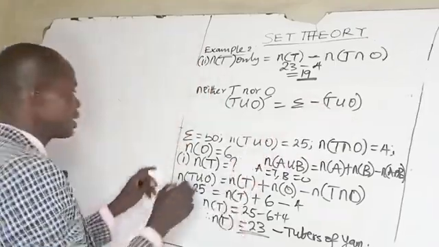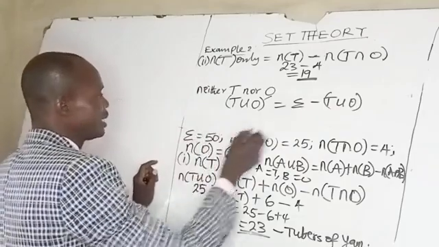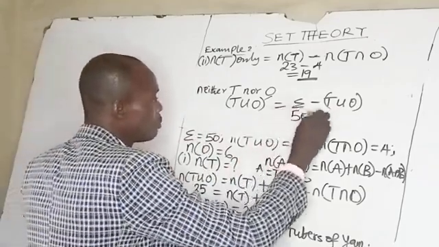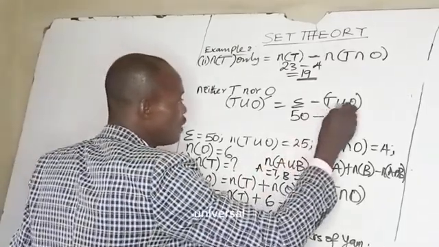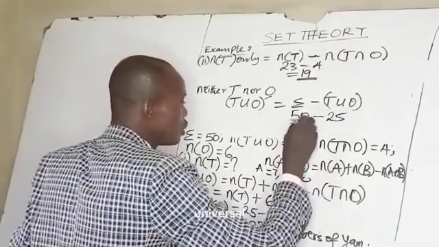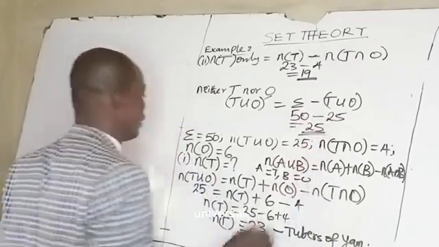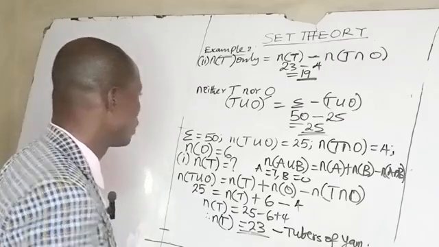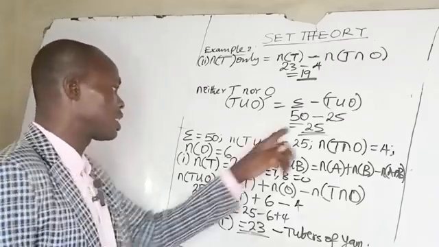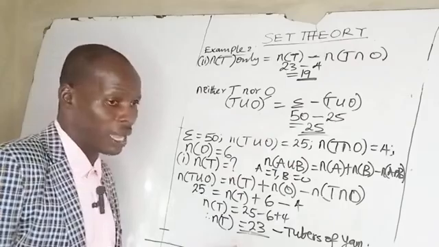So the universal set is 50 as given in the question, minus the union of the two sets, equally given to be 25. So 50 minus 25, you have that to be 25. So 25 sell neither tubers of yam nor onions. That is the solution to example 3.